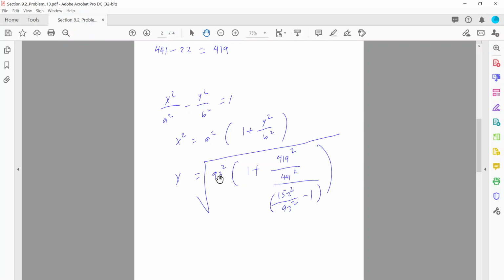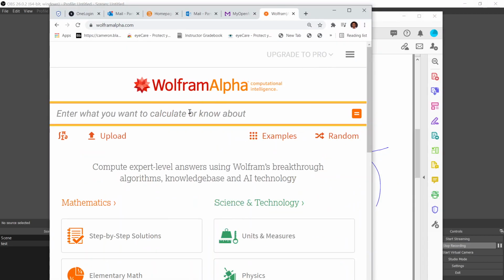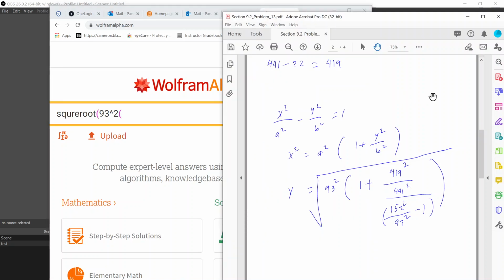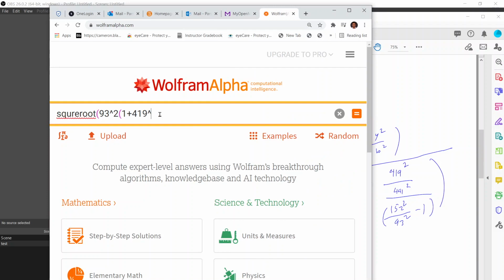Square root of 93 square, parenthesis, 1 plus 419 square divided by parenthesis 441 square divided by another parenthesis 152 square divided by 93 square minus 1, parenthesis close, another parenthesis close. Let's calculate this.